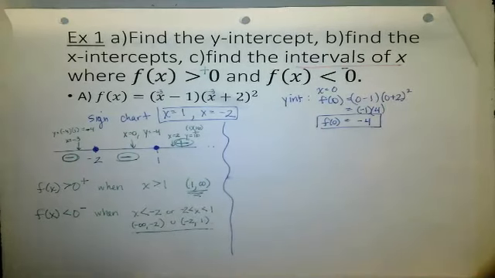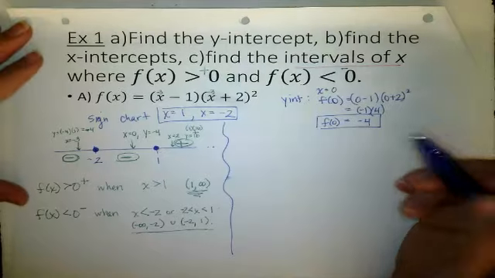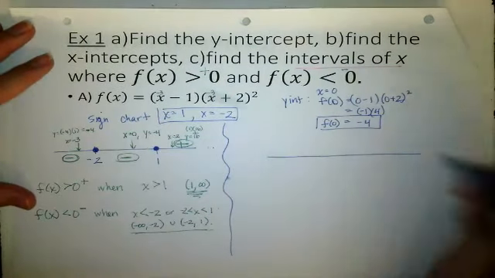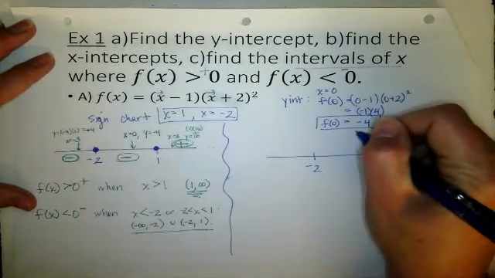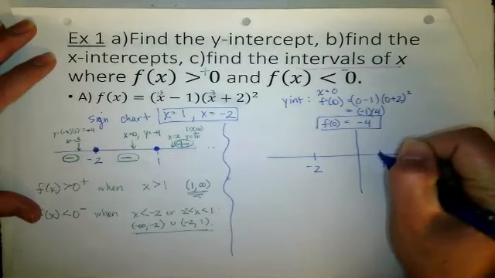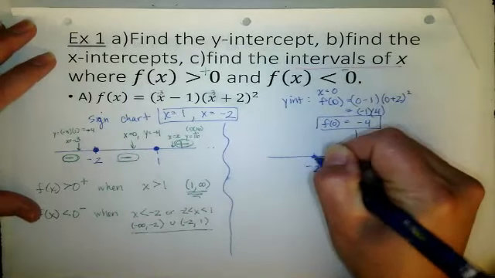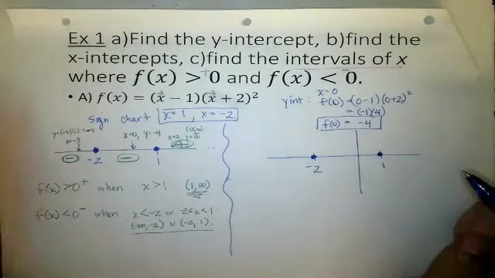Now, the book actually told us not to do things graphically, but since we have all of this information and it's in factored form, and you guys are very smart, then we can easily make a graph. I mean, really, which is what we have been doing. We know that at 1 and negative 2, these are our zeros.